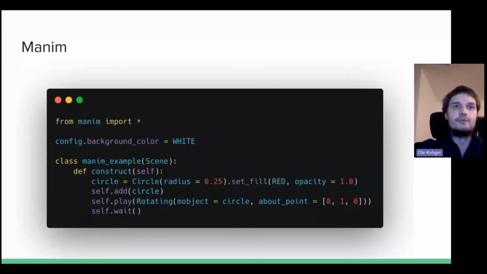It's easy to read that we create a circle, which has a specified radius, and it's filled by a red color. We add this circle to the screen, so we display it first, and then we have this play function to rotate a circle, or rotate an object, in this case the circle, around a point, and then just continuing with that animation. So pretty straightforward to read, I would say, and quite expressive.